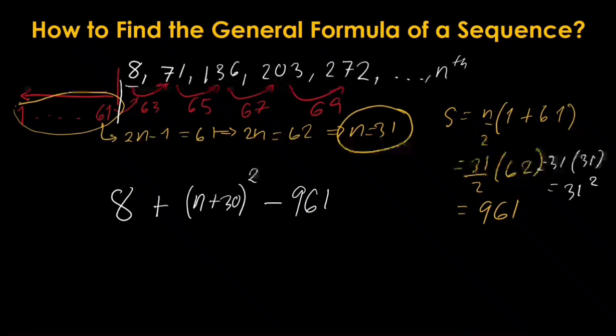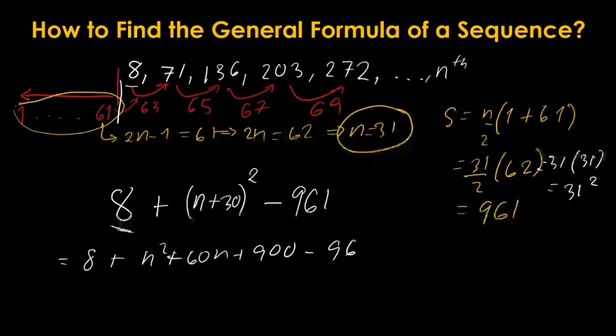We have 8 plus n squared plus 60n plus 900 minus 961. So this is now n squared plus 60n, negative 61 plus 8, negative 53. This is now the general formula of this sequence.